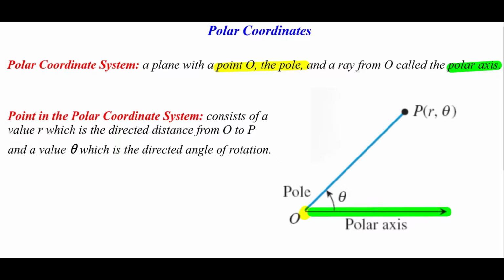So if we go back to our rectangular coordinate system, or the Cartesian coordinate system, we would plot points x, y, and so x would be our left-right distance and y would be our up and down distance. So now when we plot a point in the polar coordinate system, that point is going to be r, theta. So again, this is going to tell me how far I am away from the origin, and then also my rotation around that origin.